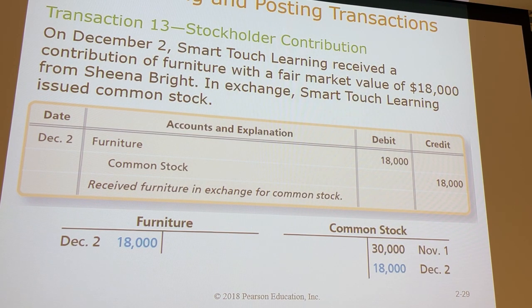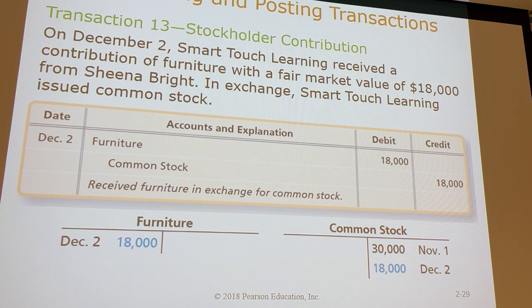Okay, on December 2nd, Smart Touch Learning received a contribution of furniture with a fair market value of $18,000 from Sheena Bright. In exchange, Smart Touch Learning issued common stock. So, in small corporations, when you're issuing common stock to your stockholders, it's not always because they put cash into the corporation.